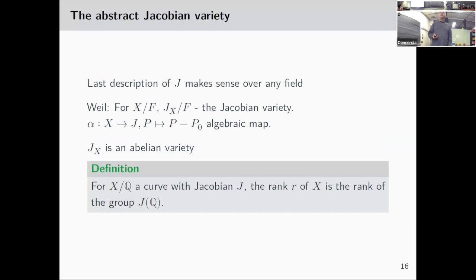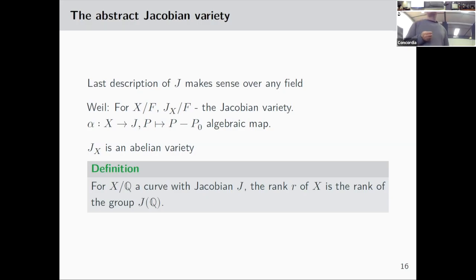And so Weil was the one who went through defining this, and he's able to show that this makes sense as points on an actual variety. And of course, because you can add these divisors, it is an abelian variety. And there's a fixed map, which I'll keep calling alpha, between the curve and its Jacobian that takes P to the formal divisor P minus P naught.